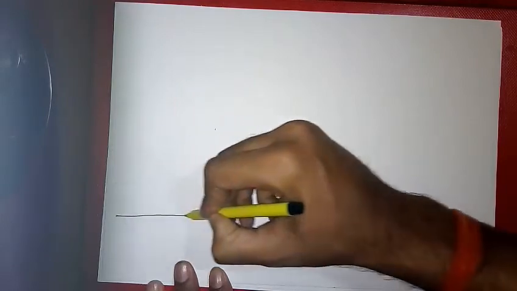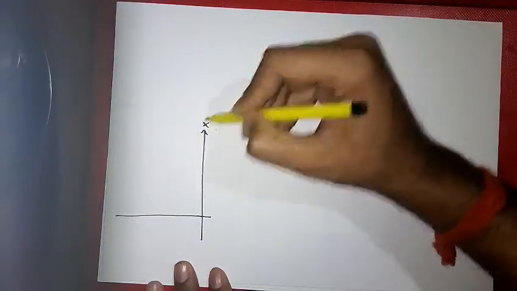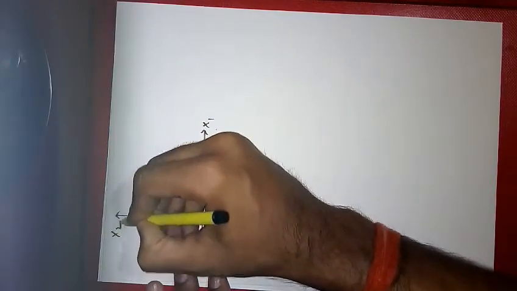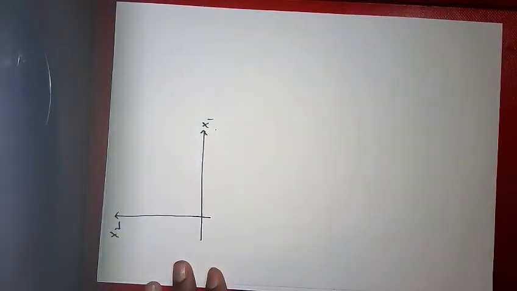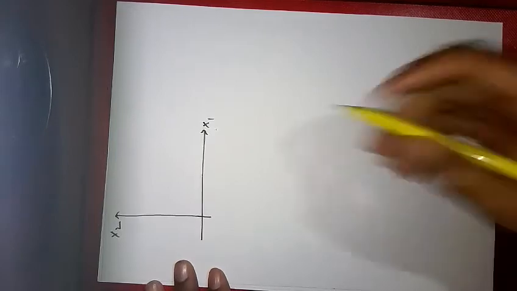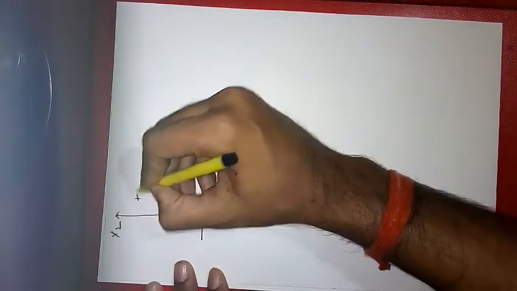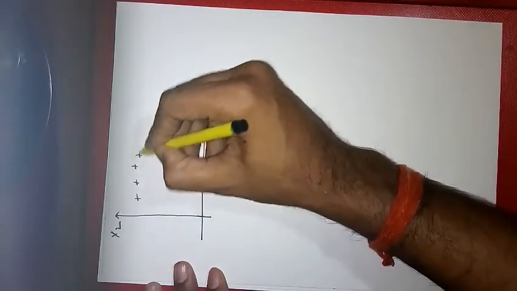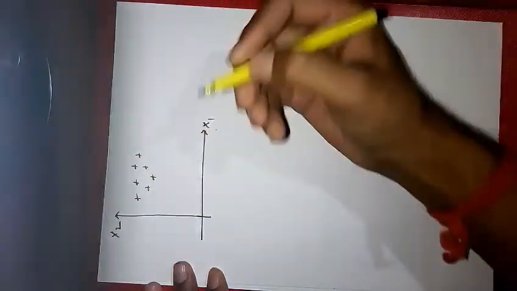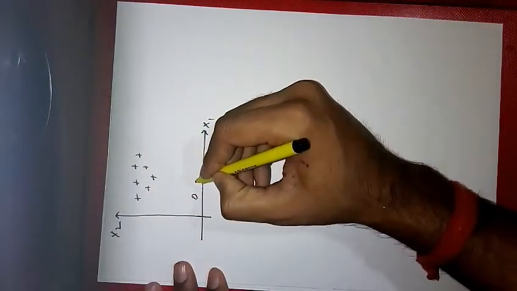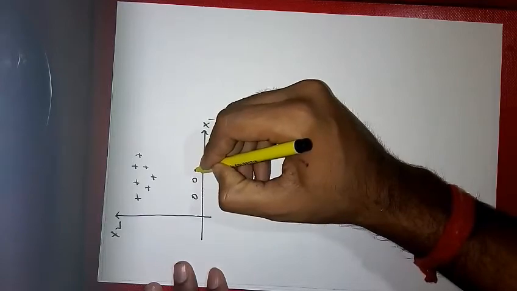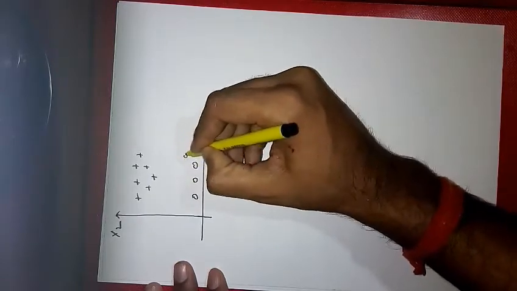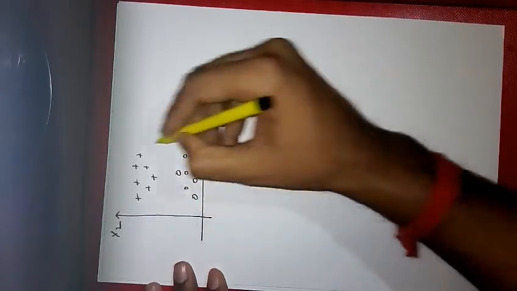So we can draw again a graph of two-dimensional space like this. x1 and x2 is a two-dimensional space, and again there are class 1 objects like this, and here also another class of objects like this.